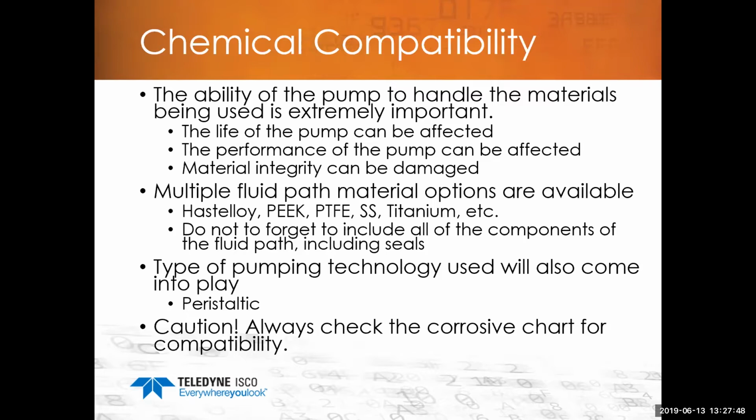That's especially important in syringe pumps. If you're using a continuous flow system, you need the valving and tubing to be chemically compatible too, because the materials will go through there. Lots of times that gets forgotten. And the same thing goes for peristaltic pumps: you need the hose to be fully compatible with the product that you're using, right?